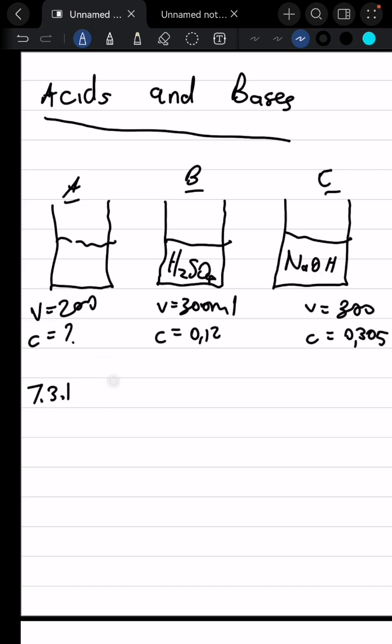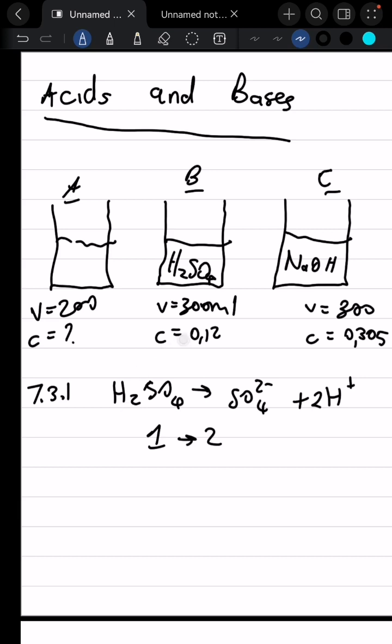It is calculate pH. You should know H2SO4 is diprotic, so it's able to donate 2 protons. So if you see dissociation of H2SO4, you will have SO4 2 minus plus 2 hydronium ions. So it will be having a ratio of 1:2.